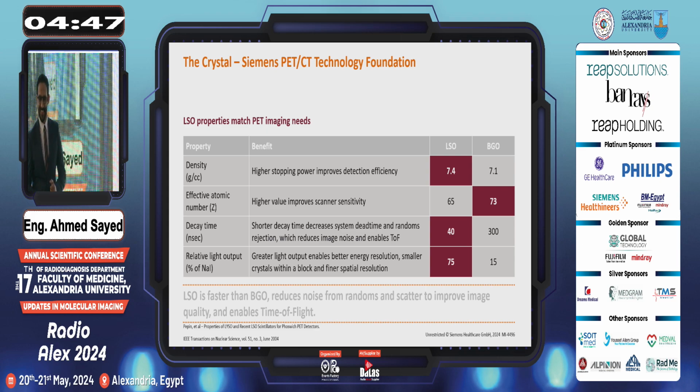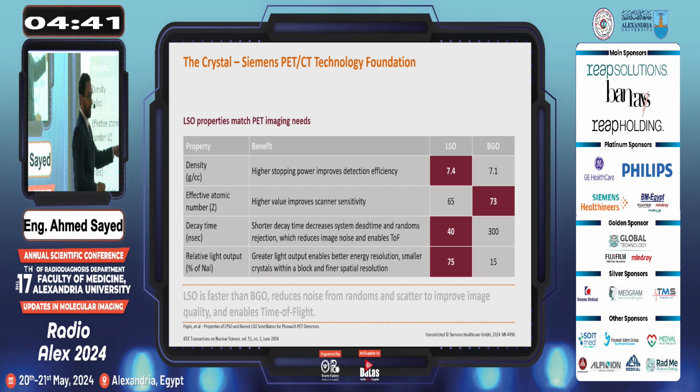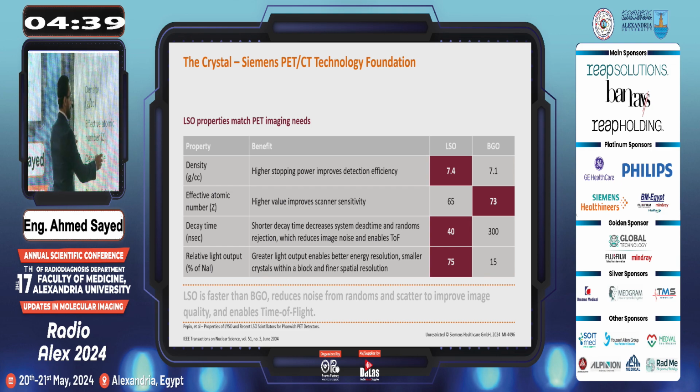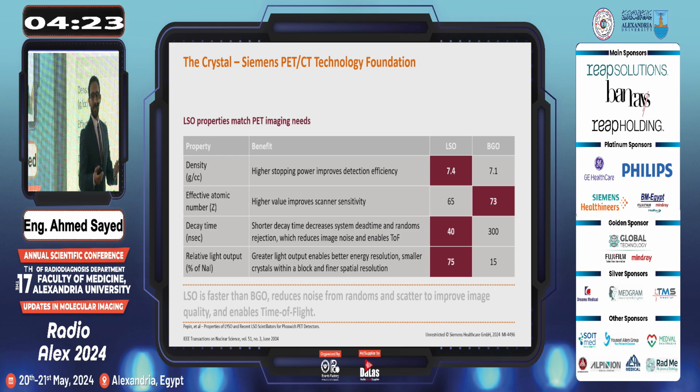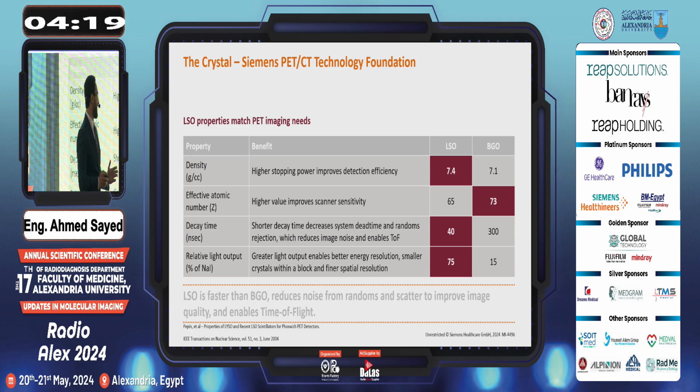Okay. We have two types of detector crystals in PET CT, BGO and LSO. It's a very simple comparison, but we can focus only on one point, decay time. Decay time is the time that the crystal is blind and cannot deal with another event. So the shorter the decay time, the faster the crystal. Am I right or not? Right.